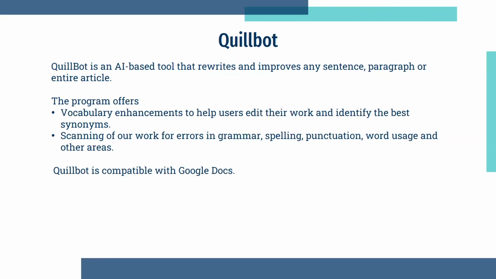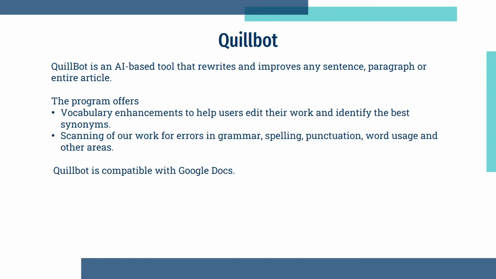Kiribot is an AI, artificial intelligence-based tool. What can it do? It can help us to rewrite or paraphrase any sentence, paragraph, or entire article. Of course, you may have to subscribe to a professional version to get this service. So this program offers vocabulary enhancements to help us edit our writing, and we can choose the best words.